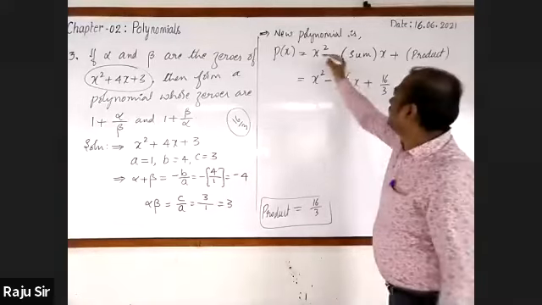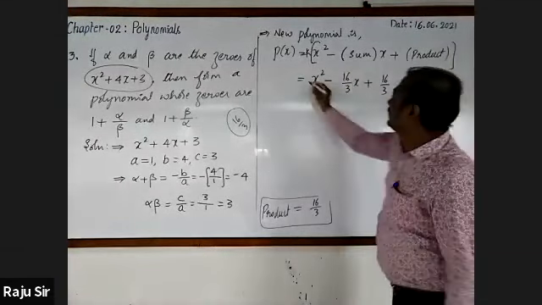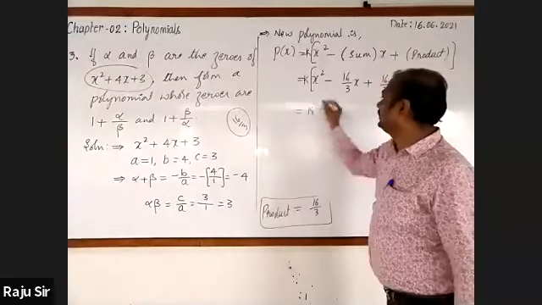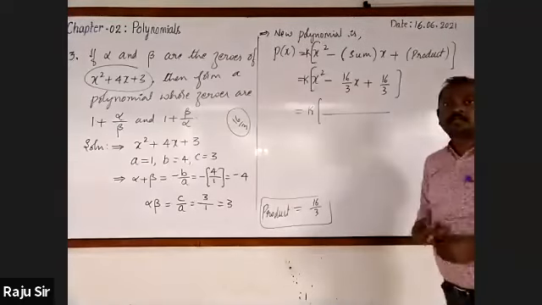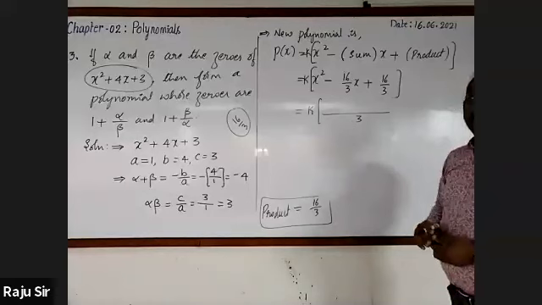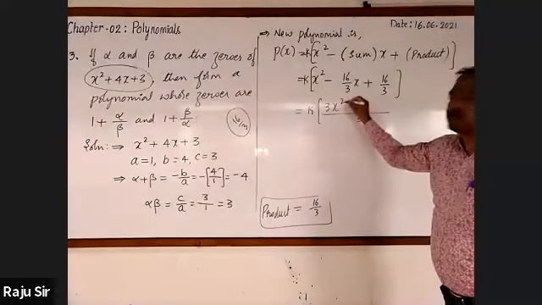Hence, let's go for taking the constant k. Next, k into, take the LCM of the denominators. Here 3 and 3 are there, LCM is 3. Multiply the LCM with all the terms. 3 into x square, 3x square.